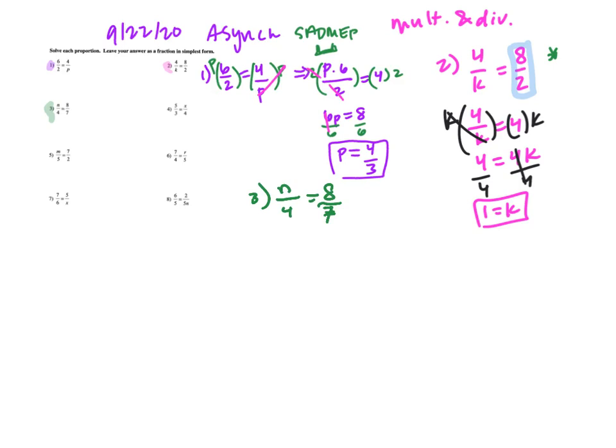If I'm dividing by 4, I want to multiply by 4. 4 divided by 4 is 1. So then I'm left with n equals 4 times 8, which is 32, over 7. Final answer. That's a decimal. Maybe I should look it up.